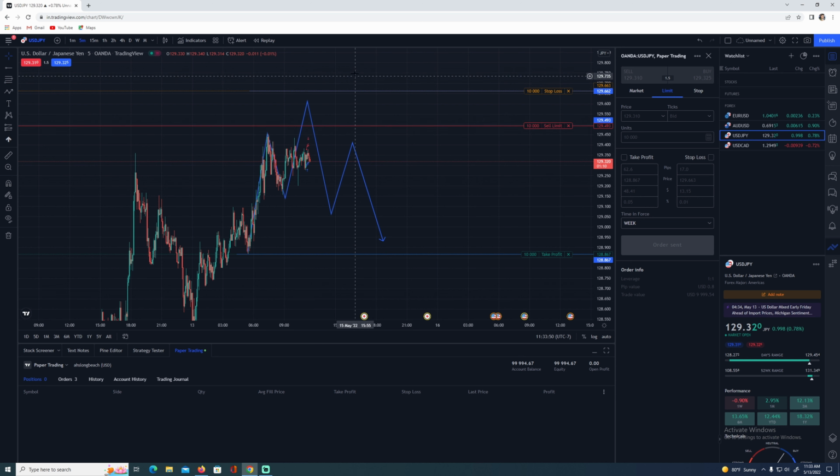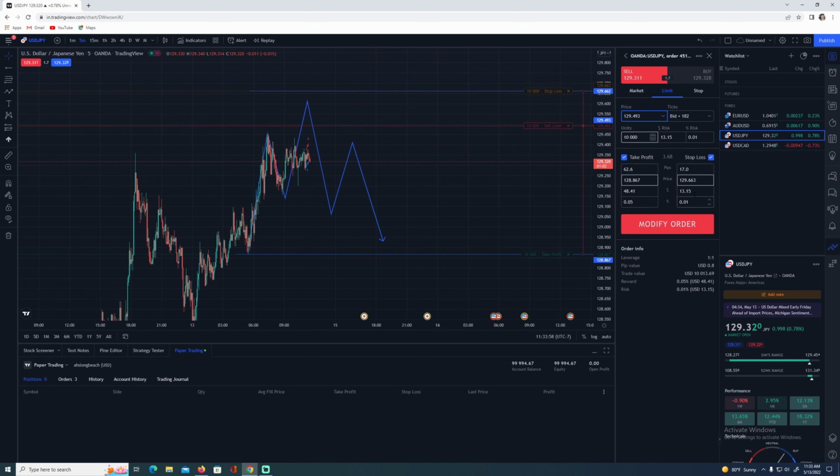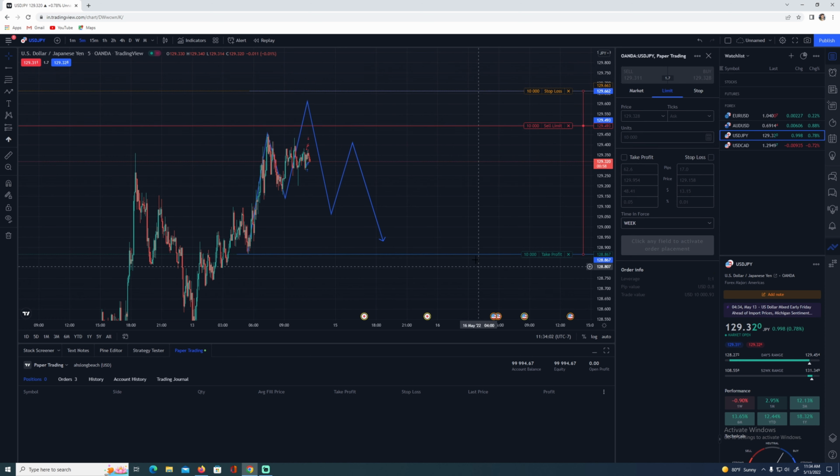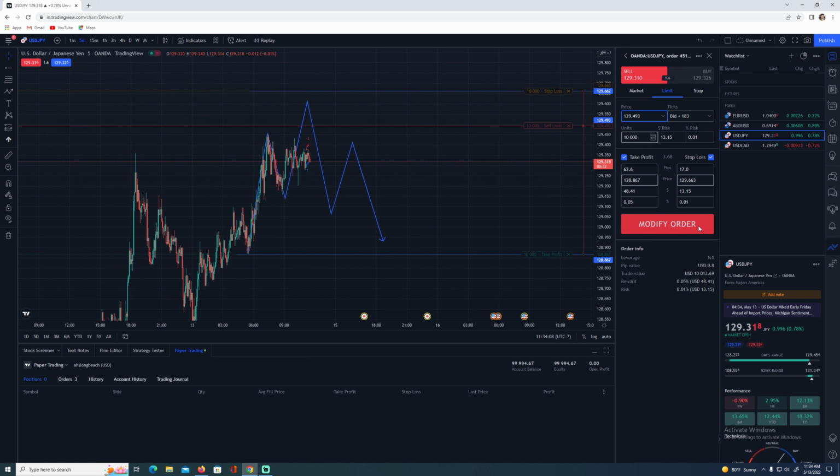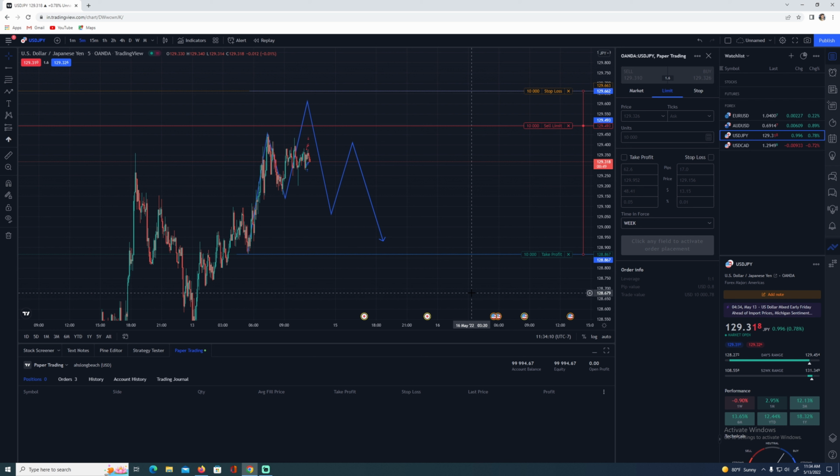If price continues and it hits our stop loss, we're going to lose those, what was it? $13. But if it goes to our take profit first, we'll be making those $48. So that's how you place limit orders.